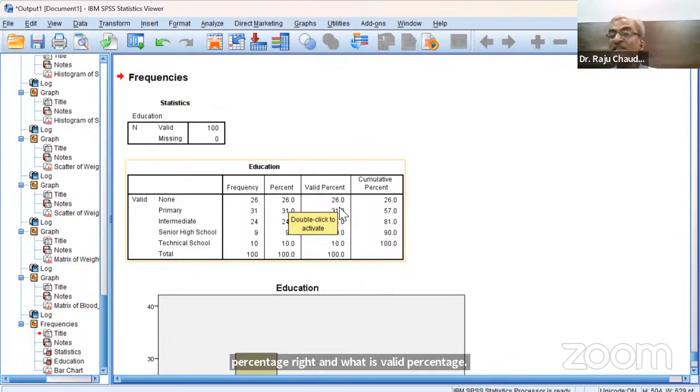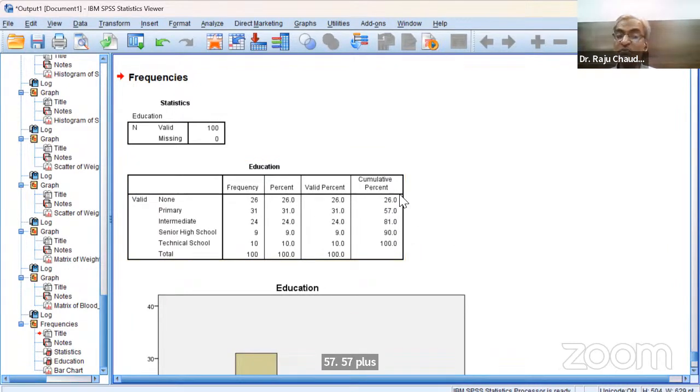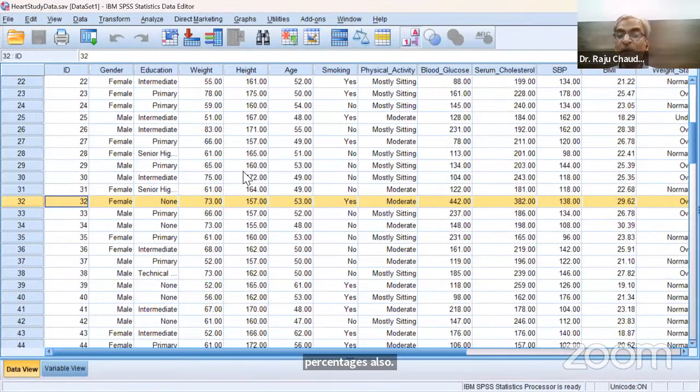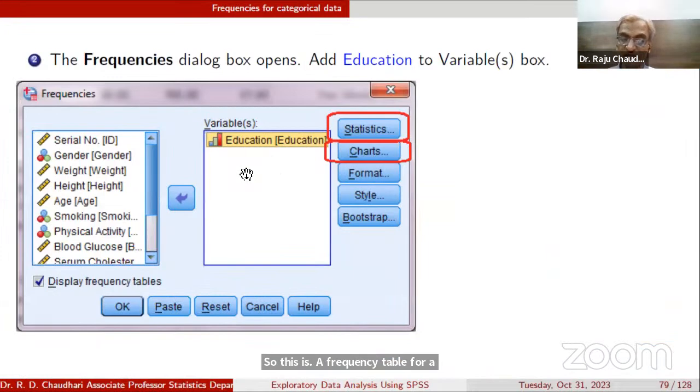If there are some missing values, it will eliminate the missing values and then calculate the valid percentage. At the same time, it will calculate the cumulative percentage also, that is 26 plus 31, 57, 57 plus 24, 81, like that. So this is a frequency table for a single variable.